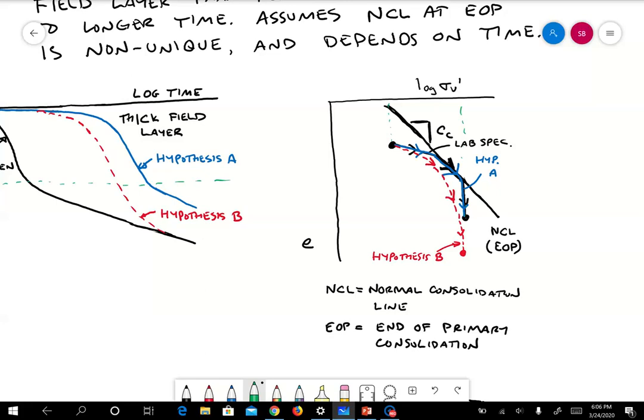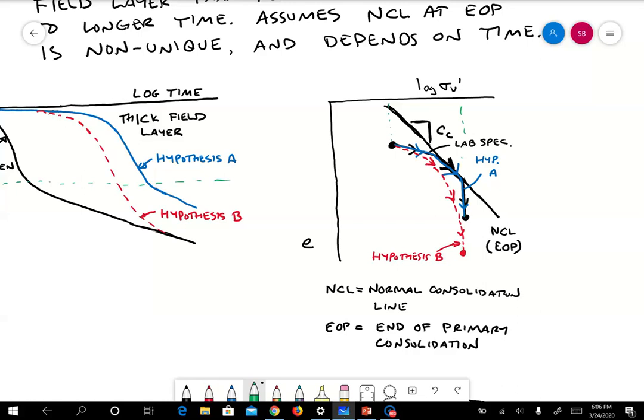All right, now according to hypothesis A, the field test shown in blue here on a very thick specimen will follow the exact same stress path as the laboratory specimen. So when we reach the end of primary consolidation, the void ratios will be exactly the same, and then we will start secondary compression, right?